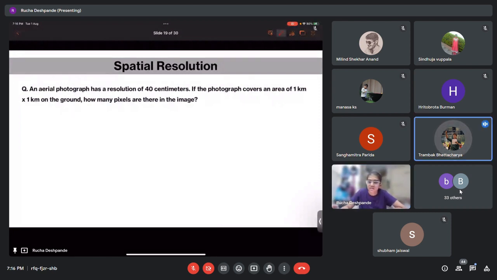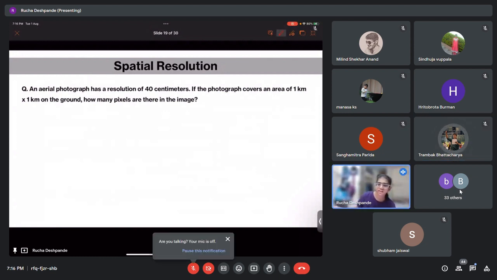In case, ma'am, we have to convert it in either of the units, like all in centimeters or all in kilometers? Yeah, or you can convert everything in meters and keep it in SI units.